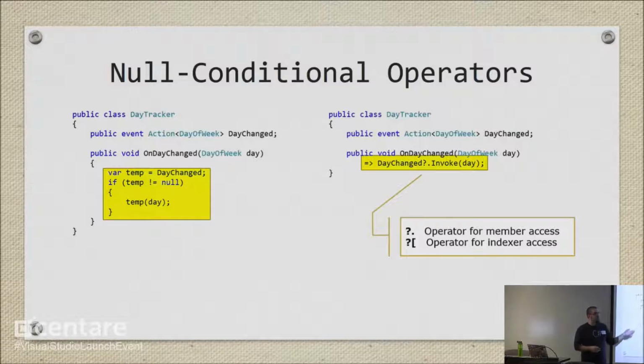So the pattern has always been to take a local variable of it because there's a potential for a race condition, rather than simply saying DateChanged and invoking it, passing the date. You're supposed to take a variable of it, check it to make sure it's not null, and then invoke it. Okay? So now we can use a null-conditional operator on that specifically. And this is now the desired functionality. It actually does the same thing under the covers for you. So that's the preferred syntax for this nowadays.